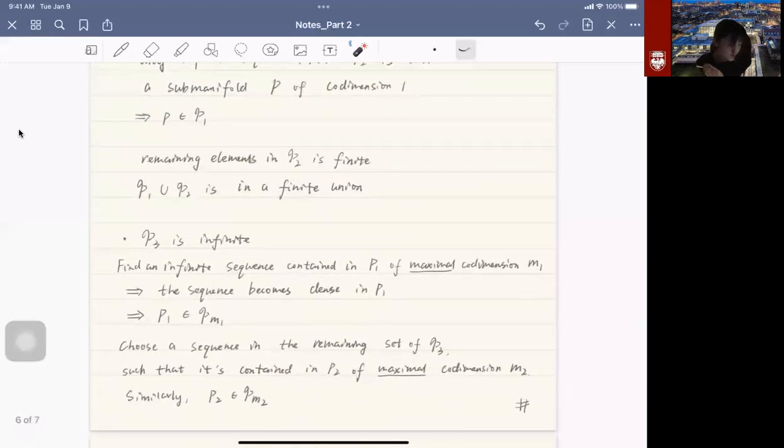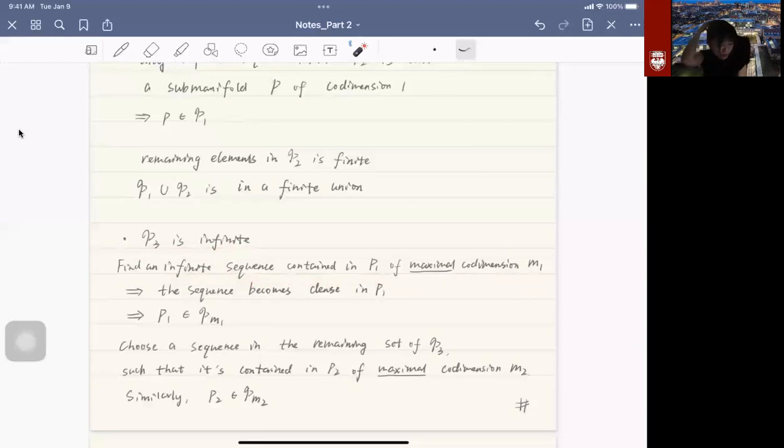Okay, now the last case. If P1, P2 are both finite and P3 is infinite. Similarly, we can consider the infinite sequence in P3. But in this case, we should be more careful that we take the sequence such that it is contained in P1 of maximal codimension M1.